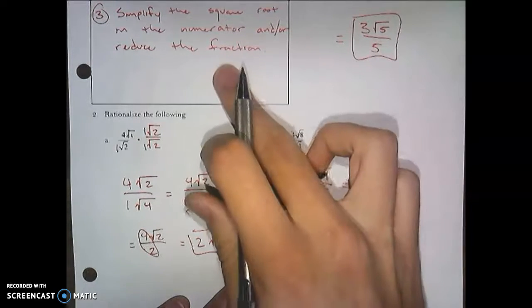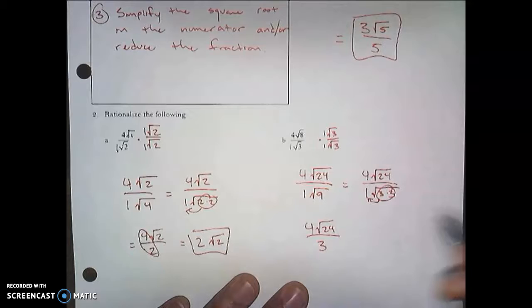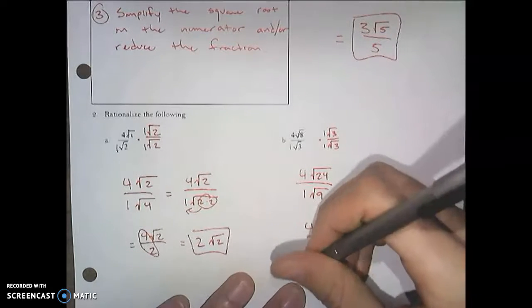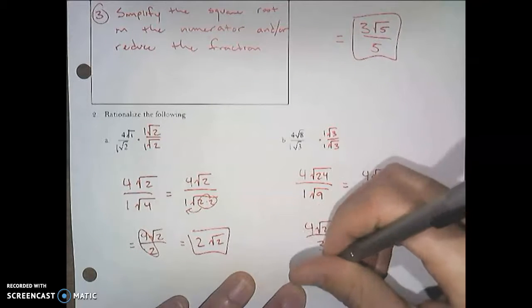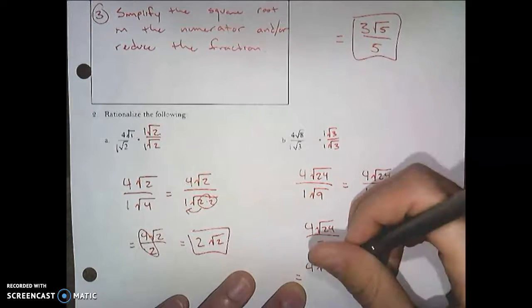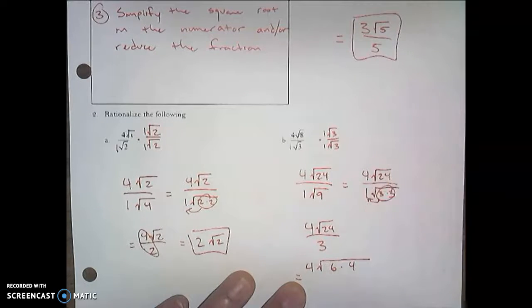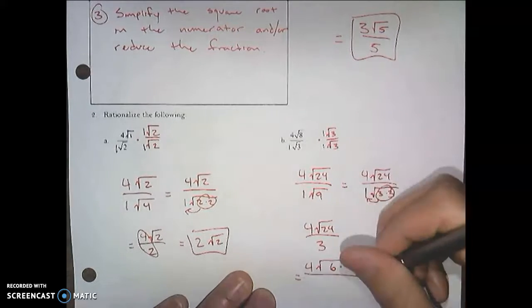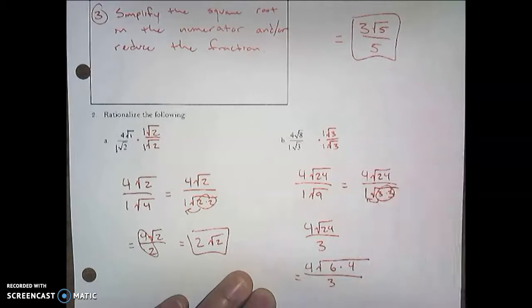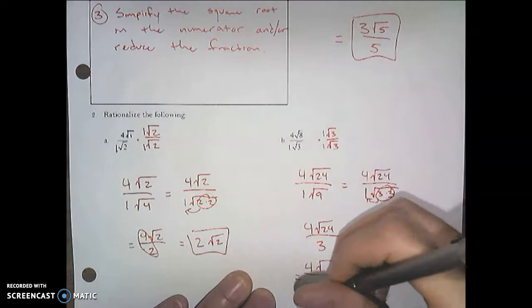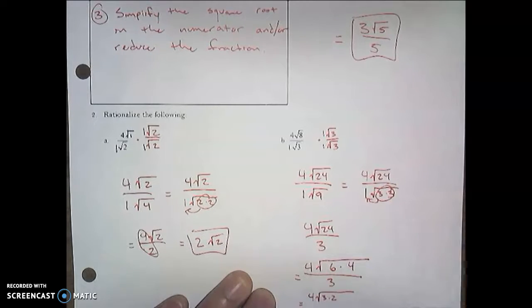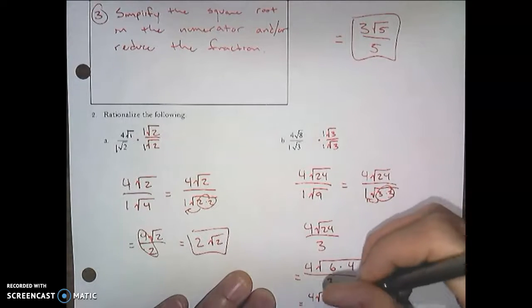Now we simplify the square root in the numerator. So we can simplify the square root of 24. So let's go ahead and simplify that. We've got 4 times. How can we break down 24? You could say that it's 6 times 4 all over 3. And then we've got, let's see, 6 can be broken down into 3 times 2. 4 can be broken down into 2 times 2.